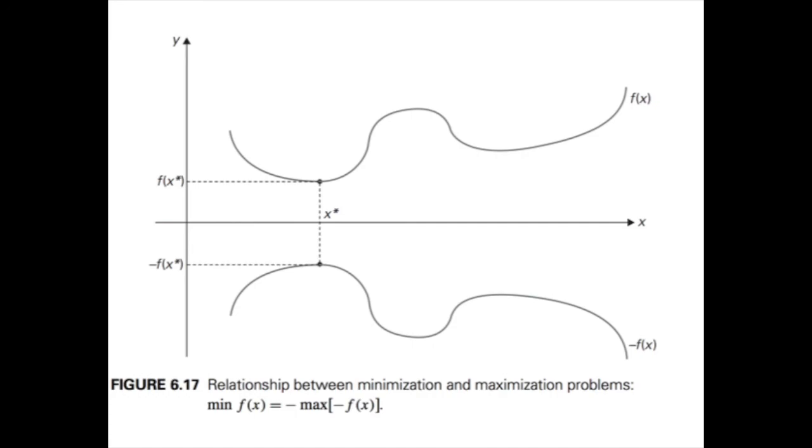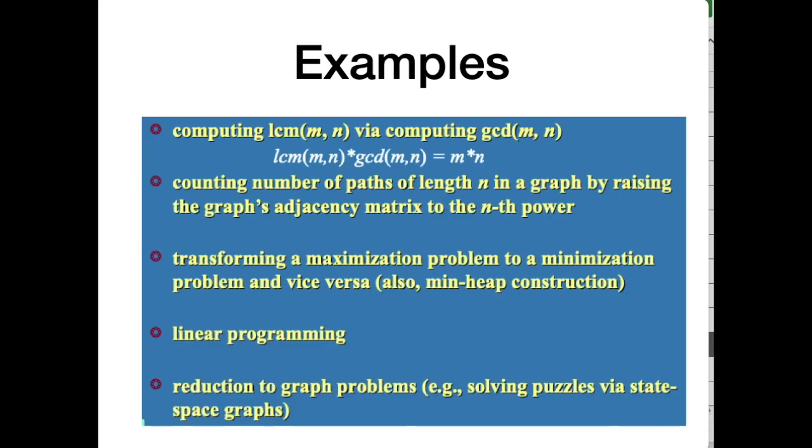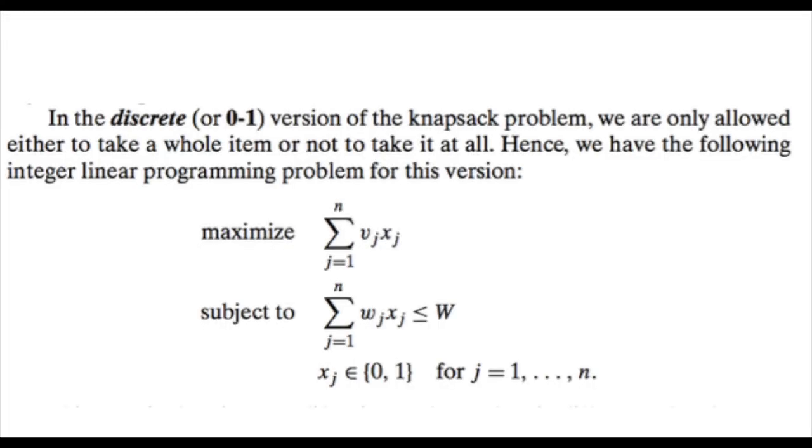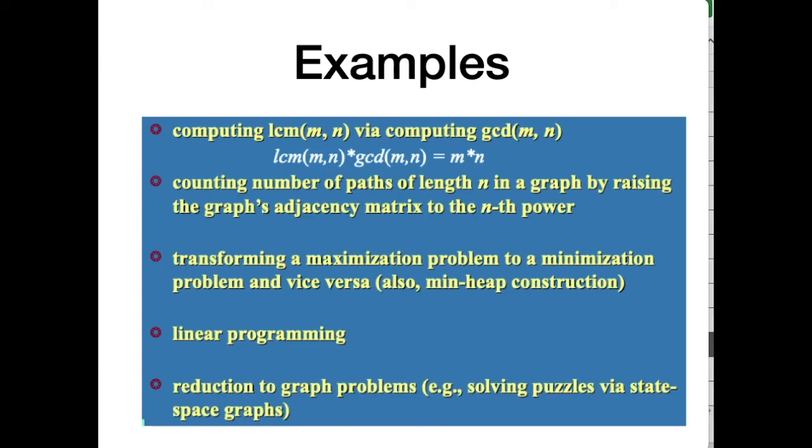Another example is by modeling the problem into a linear programming model and then using the linear programming approaches to solve the problem. Pero yung key doon is how you will be able to model your original problem or your combinatorial problem to a linear programming definition. And for the last example, we can actually use problem reduction to well-known graph problems. So we'll see more of this in the next 2 weeks.